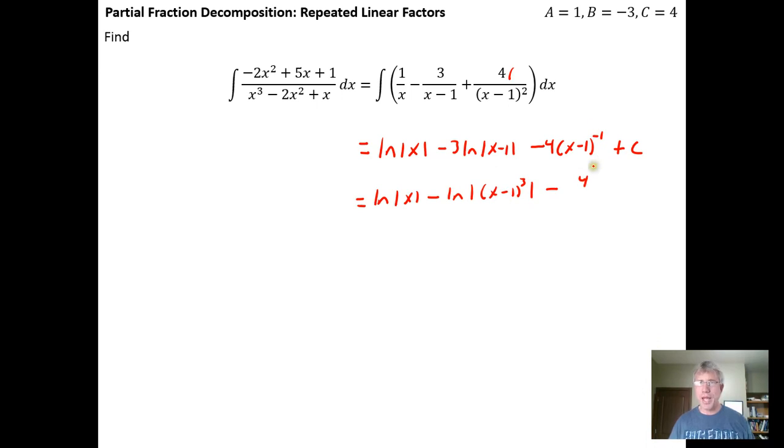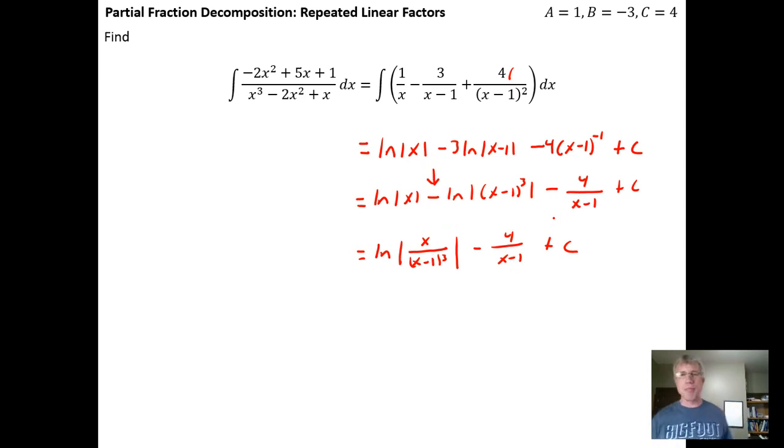Minus, if you hate negative exponents for some reason, you can get a positive exponent on that, plus c. And here the log property says I have the difference between two logs, so that can be rewritten as a ratio, x over x minus 1 quantity cubed, absolute value, minus the 4 over the x minus 1, plus the constant of integration. And that's probably about as much as we could do with this one.